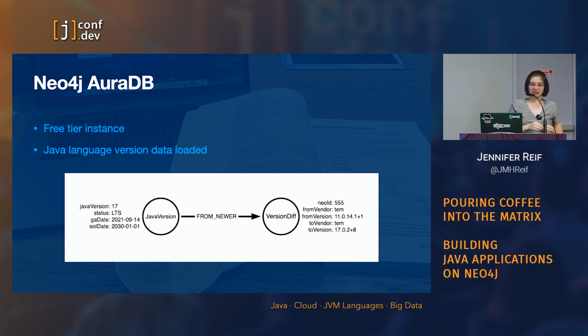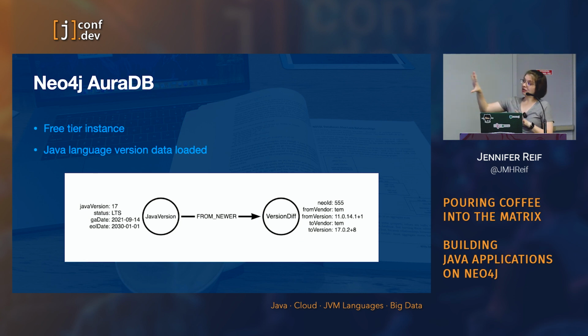We have options for paid tiers as well, but we have free instances for those who just want to test out the product or toss in some of their own data to play with, proof of concept builds, and so on. And then I loaded the Java language version data. I've got links to where this data is and how you can pull it in. It's open source. It's a GitHub project. There's a website and everything that they pull from, and I've basically loaded that into my graph database.